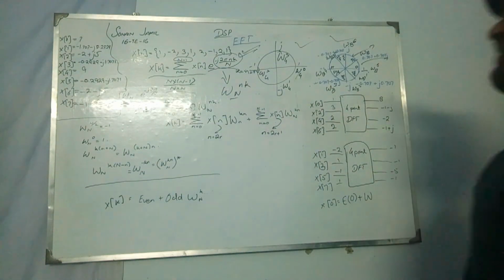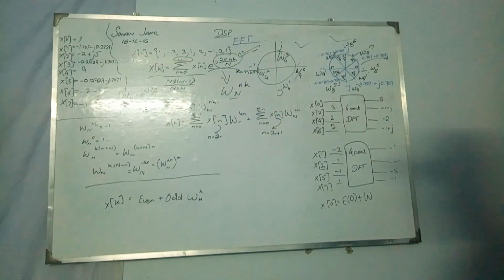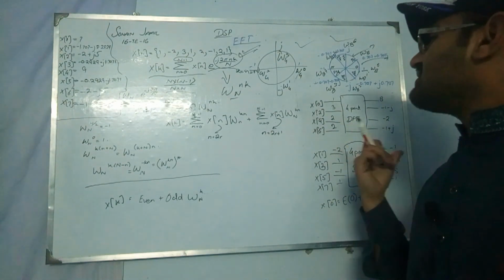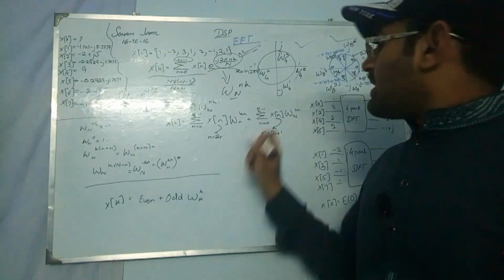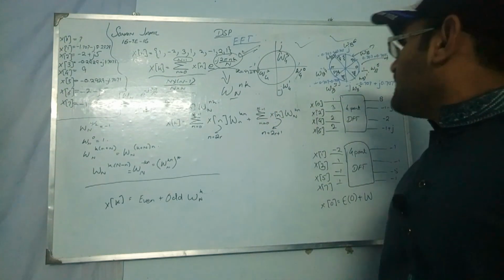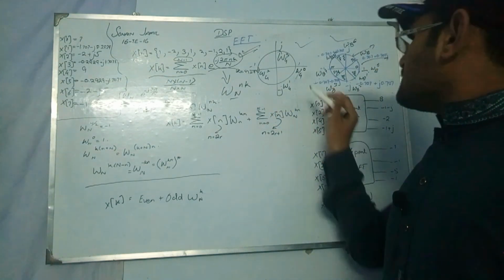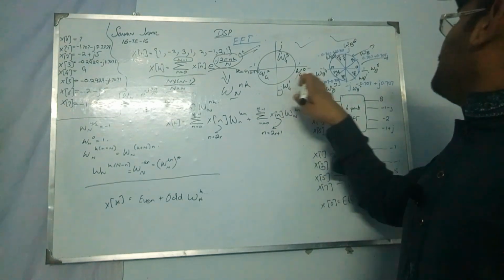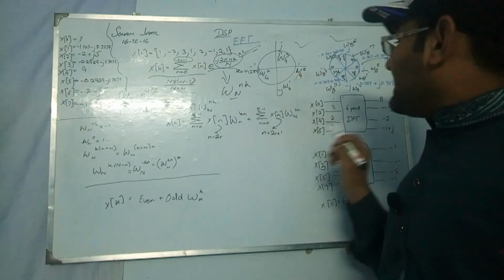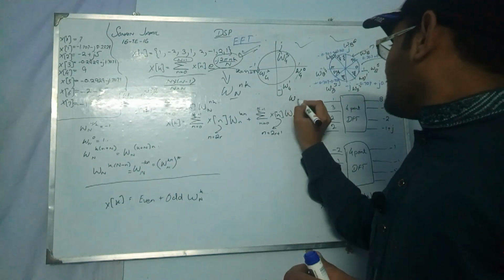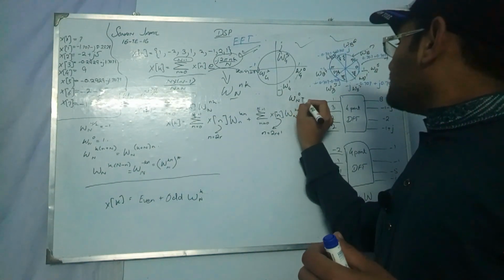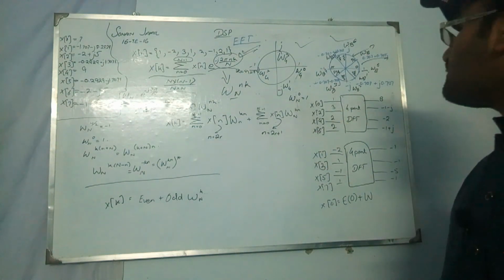So by seeing these two circles, what conclusion is made? As you can see, whenever W of N 0 comes, the value is 1.